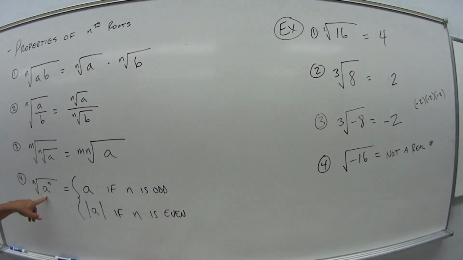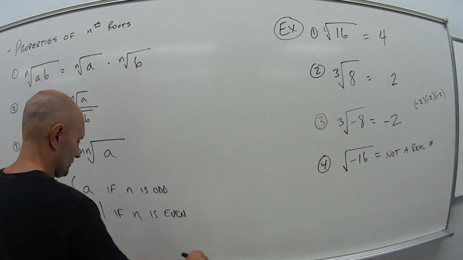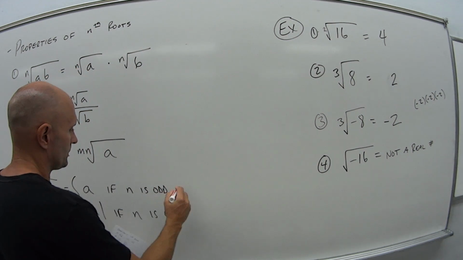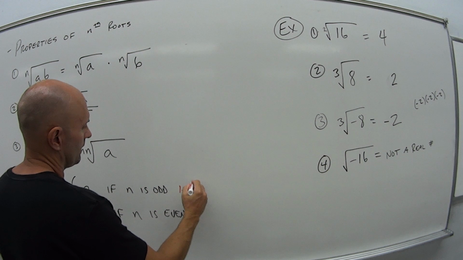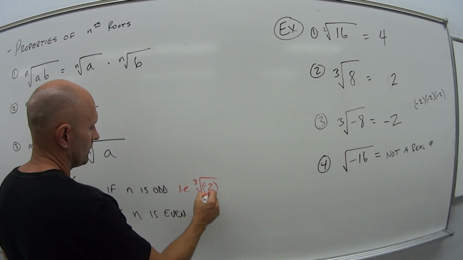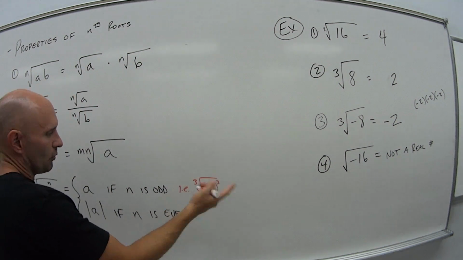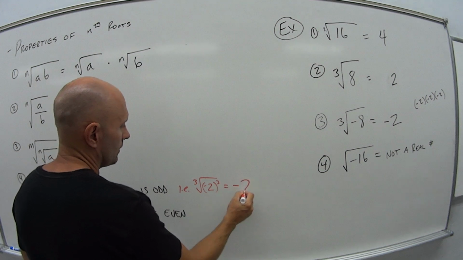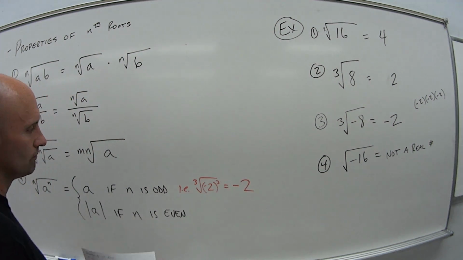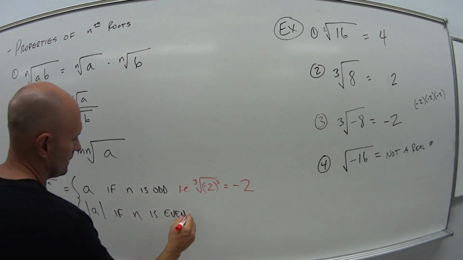So for example, if I have the third root of -2 to the third. Well, basically the 3's almost cancel each other out, so I just get -2. Whatever that value was, an exponent on the inside, that's my answer.